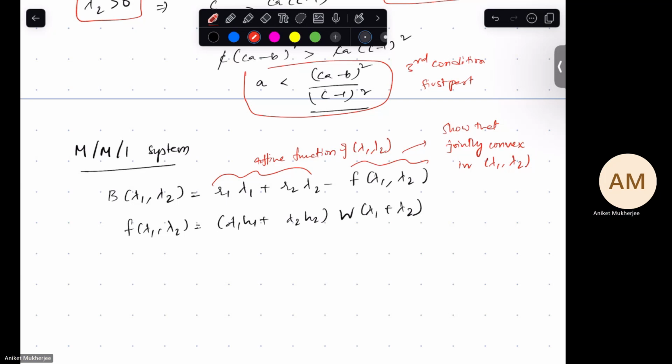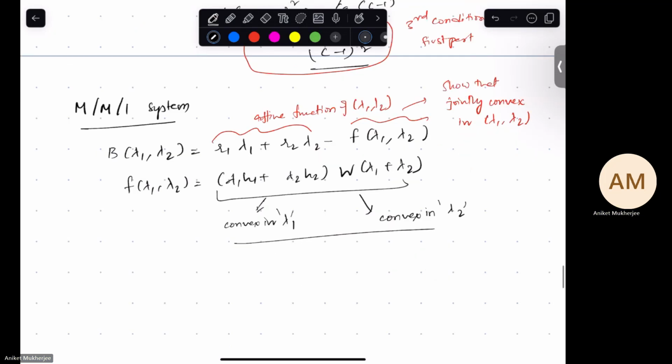Okay, so we'll try to show that F of lambda 1 comma lambda 2 is convex in this region of lambda. You can see from this equation, because we've done this before, that this is convex in lambda 1 and also convex in lambda 2, right?